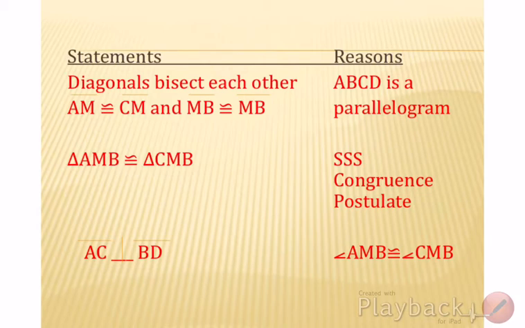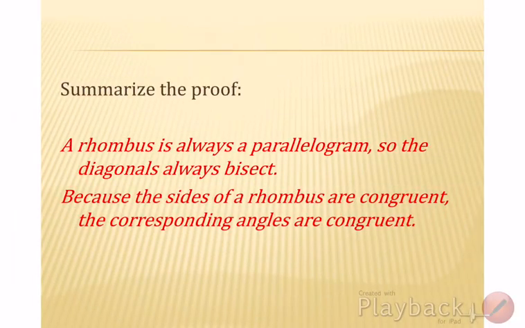You following? So we've used those triangle congruences for reasons that can then take us out to the quadrilateral. If we summarize the proof, a rhombus is always a parallelogram, so the diagonals always bisect. Because the sides of a rhombus are congruent, the corresponding angles are congruent. Should sound pretty familiar to you by now.